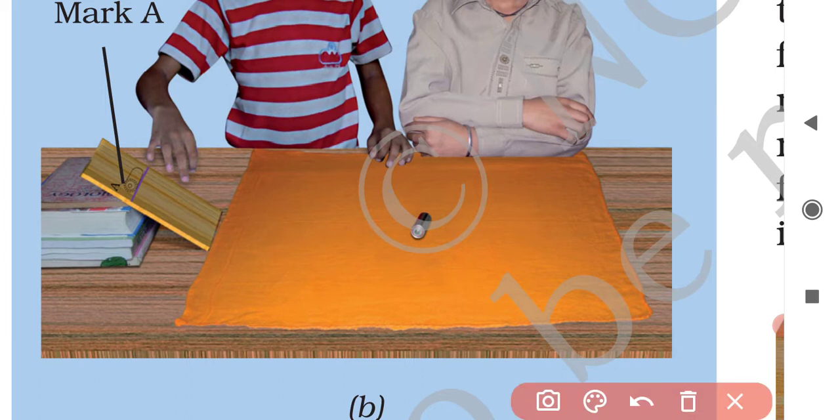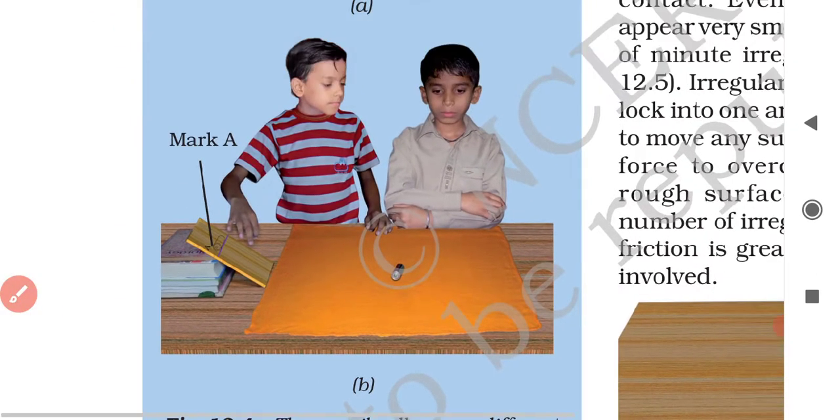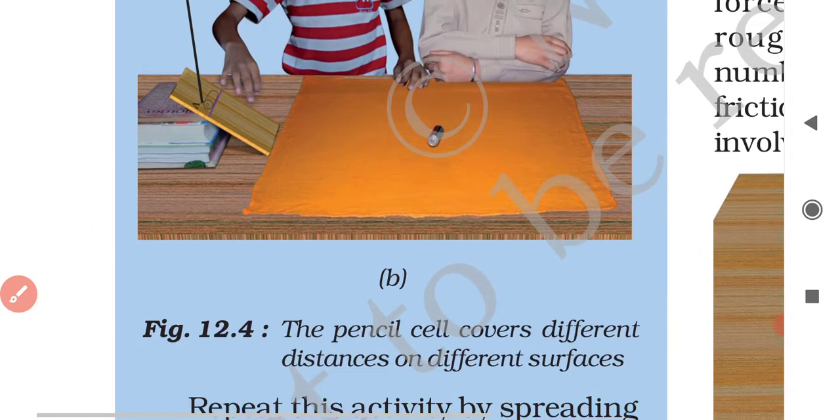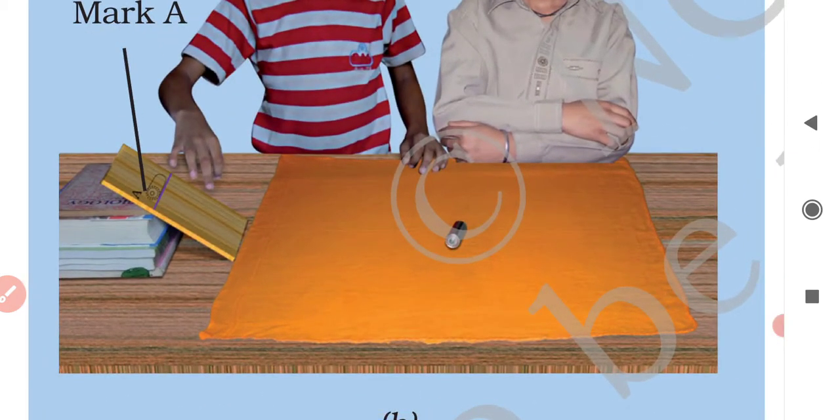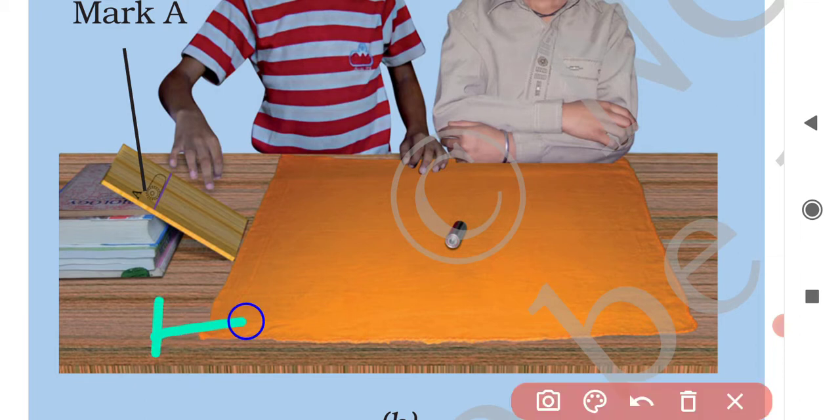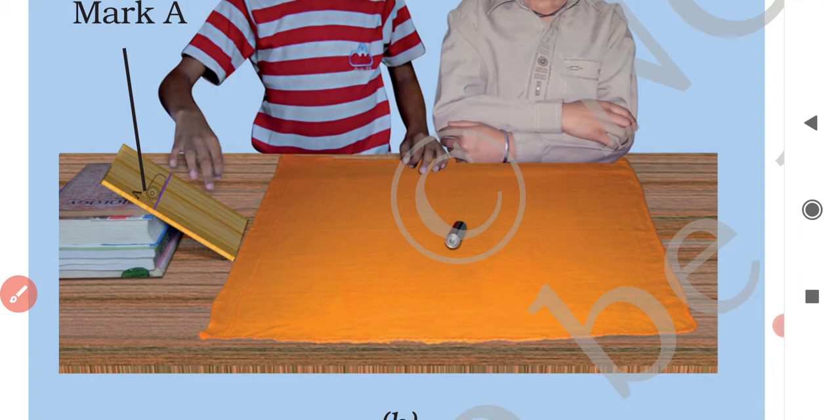That means you again allow the pencil cell to move from position A through the inclined plane and through the surface of the table. Now at this time, how far does this pencil cell move? It has moved a minimum distance of this, which is lesser than the previous one.